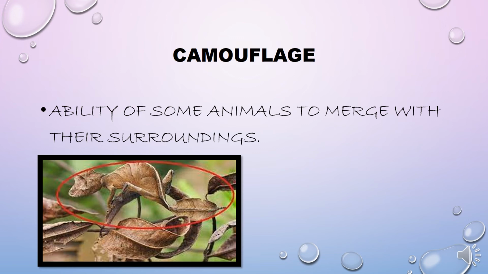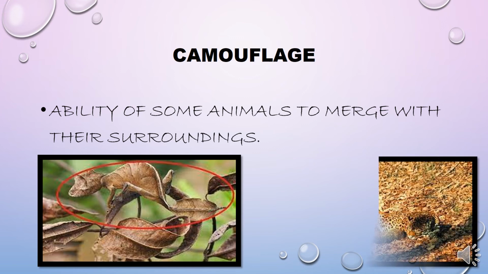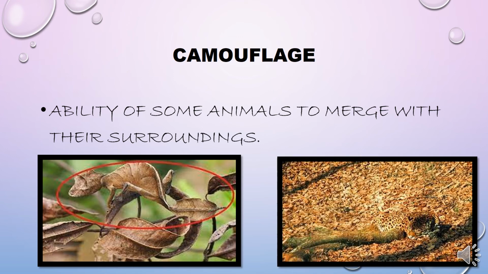Chameleon and Arctic fox are examples of camouflaging animals. Tiger, zebras and grasshoppers are also examples. You can see and spot the tiger in the second picture. So these animals that have the ability to merge with the surroundings, that is, they take the color of the surroundings, are called camouflaging animals, and the phenomenon is called camouflage.